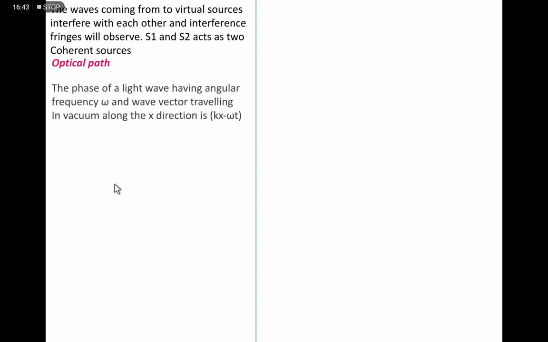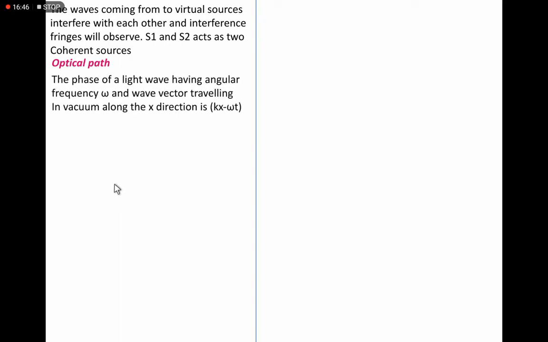Now the light waves from the two coherent sources interfere and we'll get the interference pattern. Then, optical path. Consider the phase of a light wave having angular frequency omega and wave vector k traveling in a vacuum along the x direction.